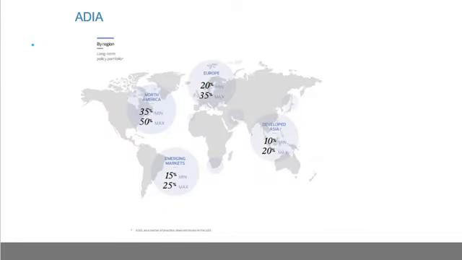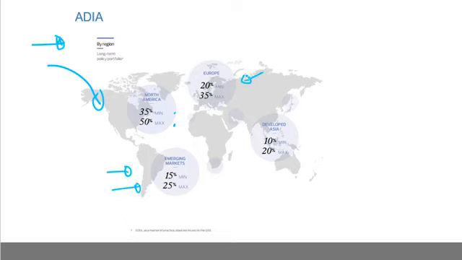This slide is following up on the Abu Dhabi Investment Authority. On the previous slide, we looked at the asset allocation. So then, based on those asset allocations to stocks, bonds, cash, alternative investment, this one is looking by geography. So where is the money flowing? We can see that North America accounts for a minimum of 35%, a maximum of 50%. Emerging markets, minimum of 15%, maximum of 25%.